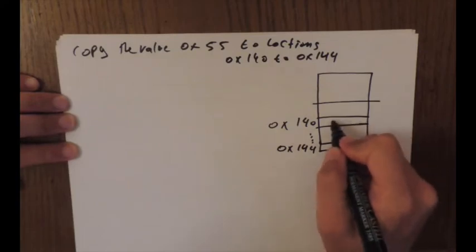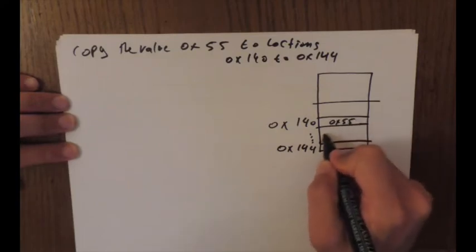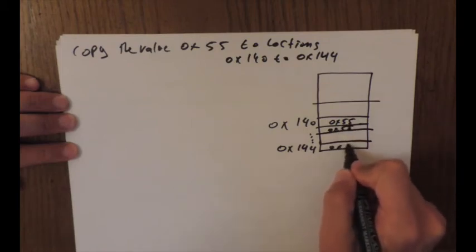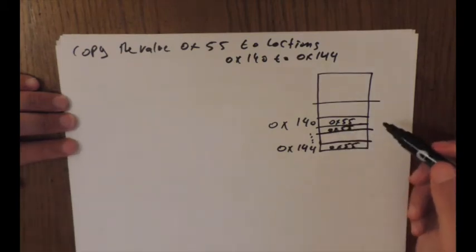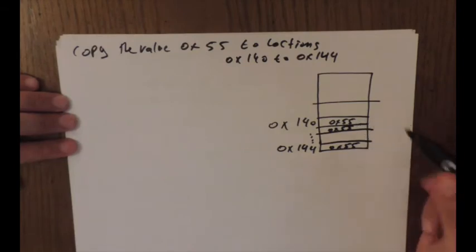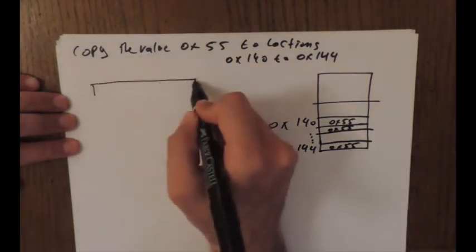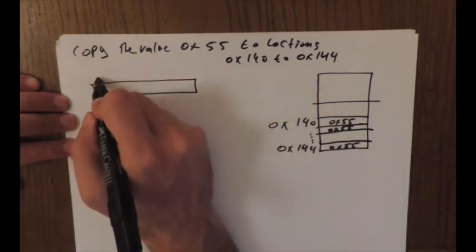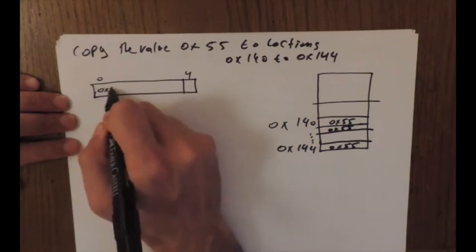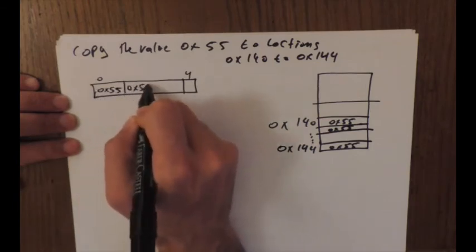So I want to place 0x55 in all of these places, as if I have an array from 0 to 4, each with 0x55.